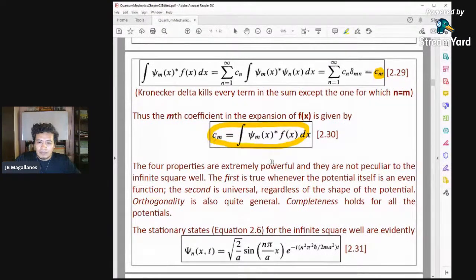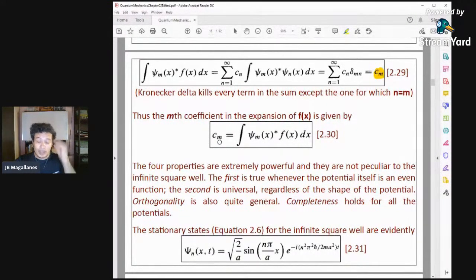So Cm, the constant there, you can get by doing this operation, the integral of phi m star times f of x. So how about m equals 5?